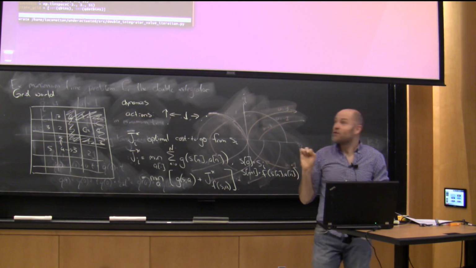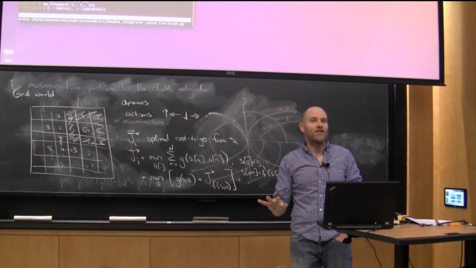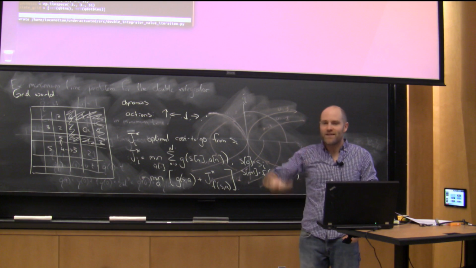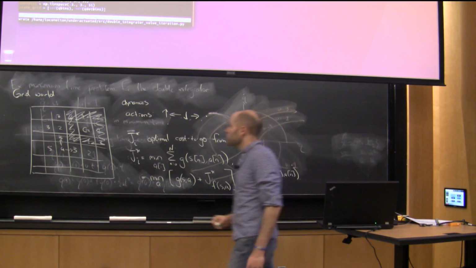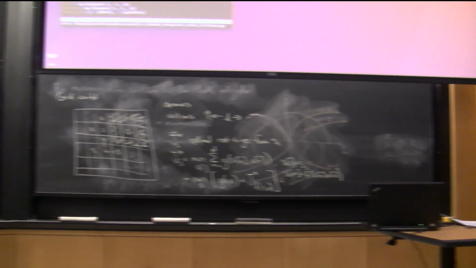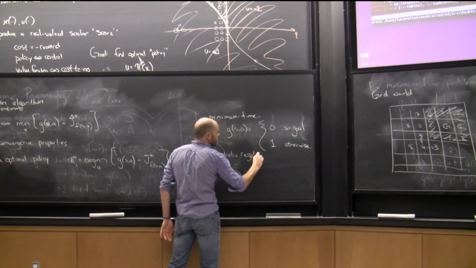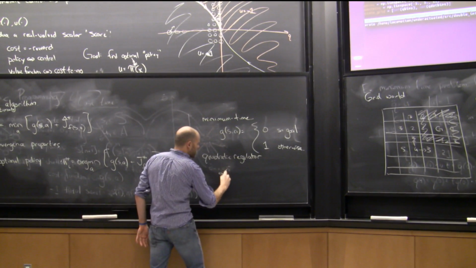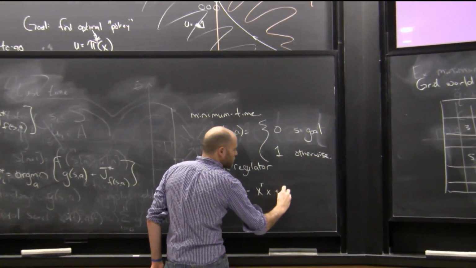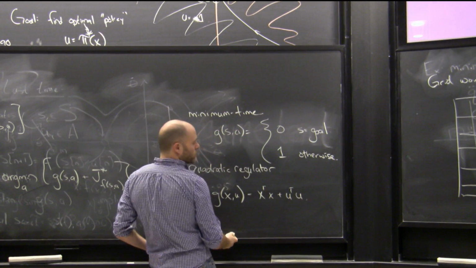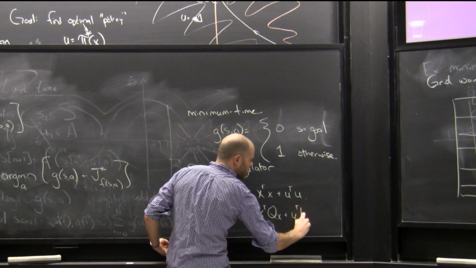So typically, you make controllers a little gentler for your robot by putting a little bit of penalty on the U, saying, all things equal, let's try to keep the torques low. A standard way to do that would be a quadratic cost on U. So a standard quadratic regulator cost, which I'm going to write in the continuous form because it makes more sense, would be something like X transpose X plus U transpose U. In general, you can weight these differently, and we'll see some weighting matrix often in the class here.